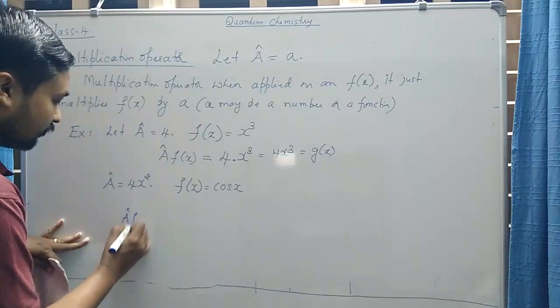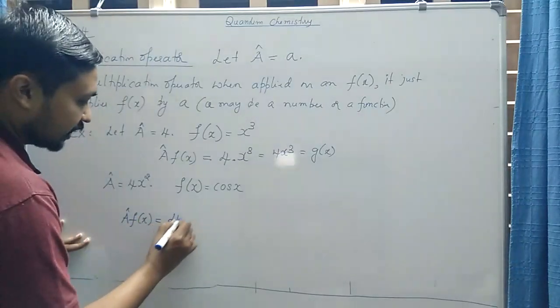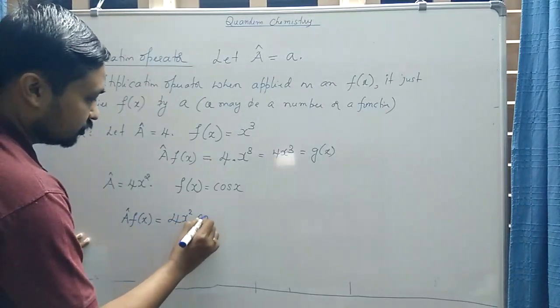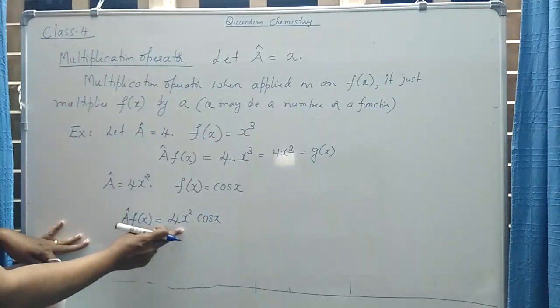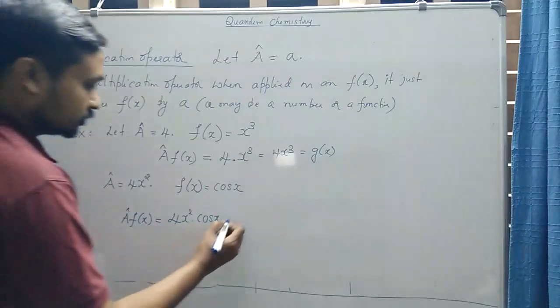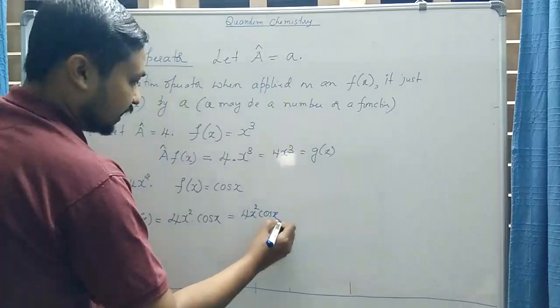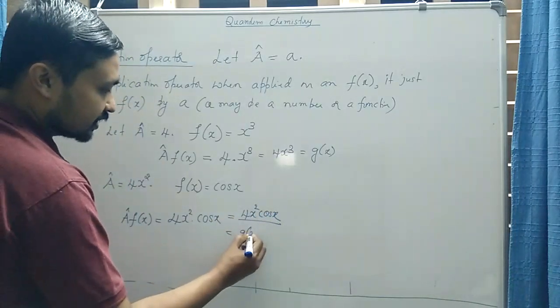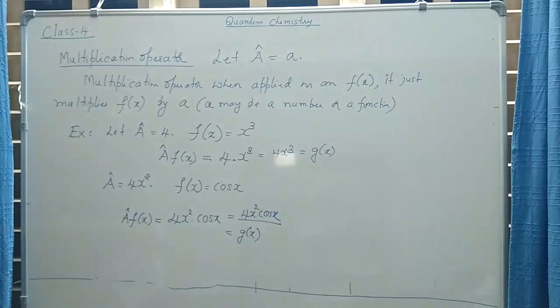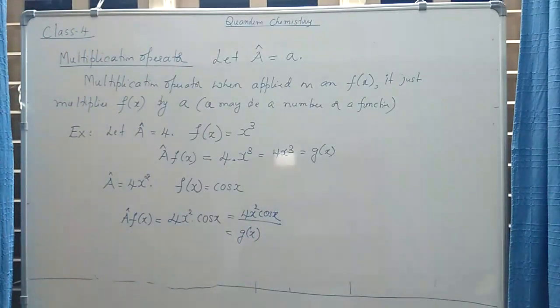A of f of x is equal to 4x square into cos x. So we are simply multiplying by this multiplication operator 4x square. So this is nothing but 4x square cos x, a new mathematical function which we will write as g of x. So again, A of f of x yields a new function g of x.